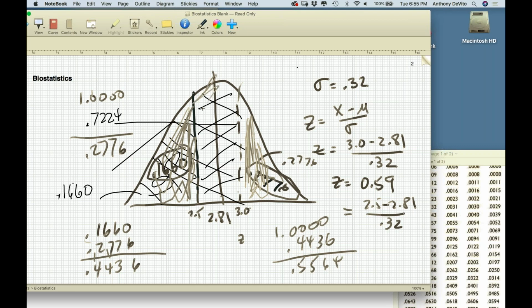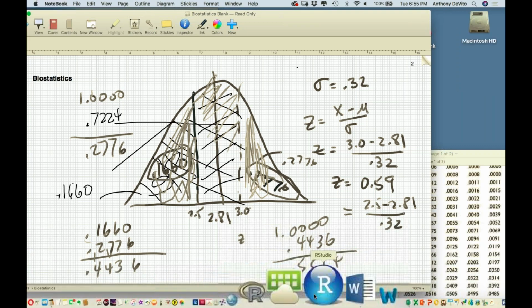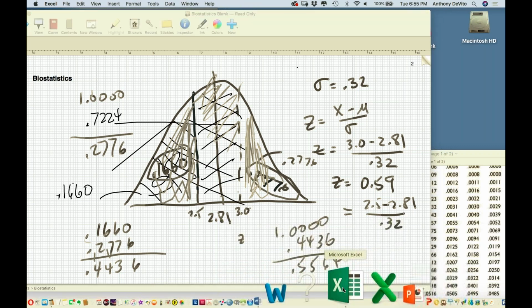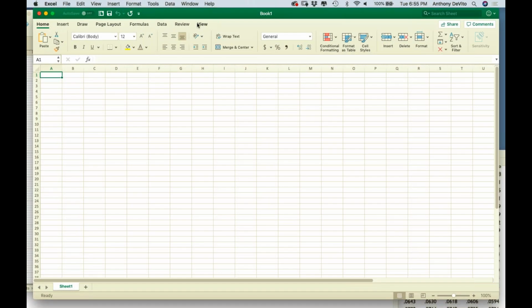It's the percentage of students between these two values. Had I used Excel for that instead, what function would I have used to convert the z-score into an area?